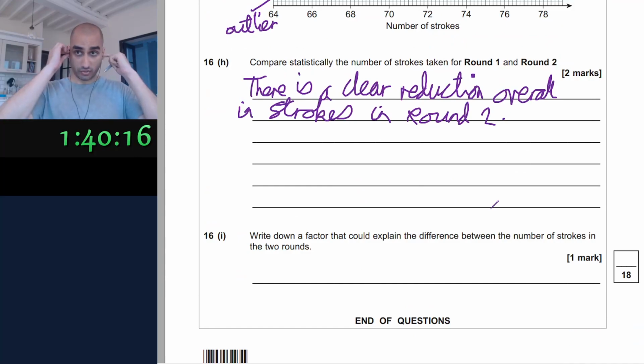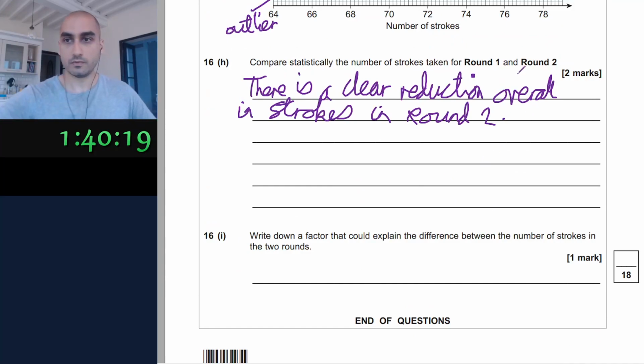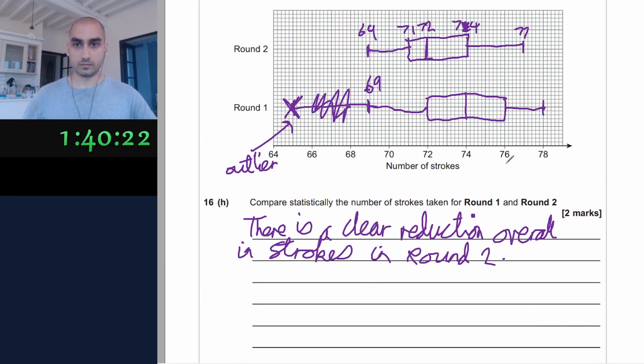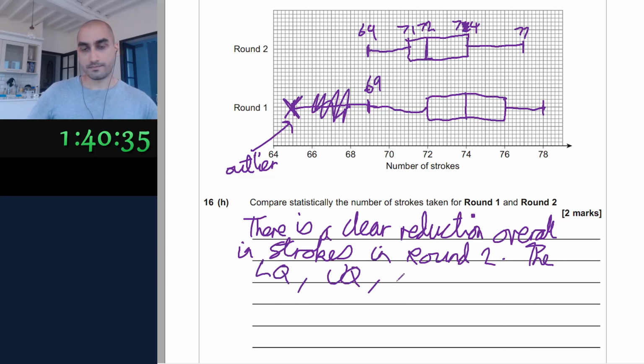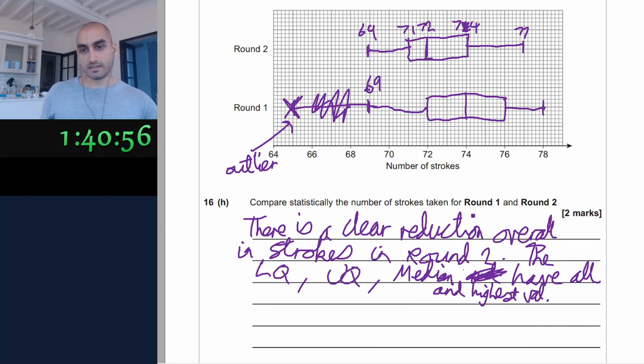There was a clear reduction overall in strokes in round 2. Everything has decreased apart from the lower quartile, upper quartile, median, and highest value, which have all decreased.